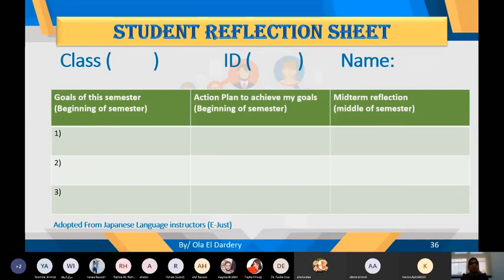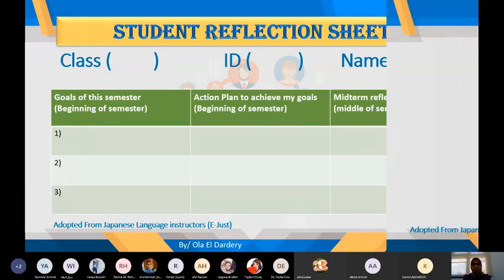This is something that the students keep with them. The teacher would revise this, and after they revise it, they give it back to the students by midterm to make sure that they write what they achieved by the middle of the semester, and then what they are going to do to continue on their goals.